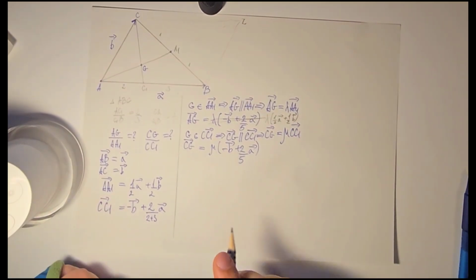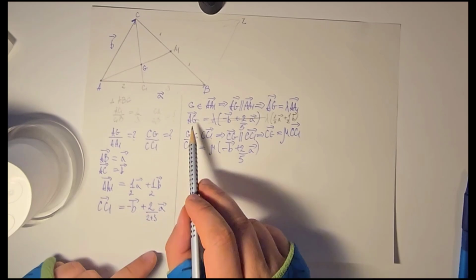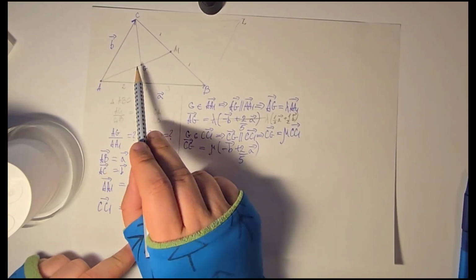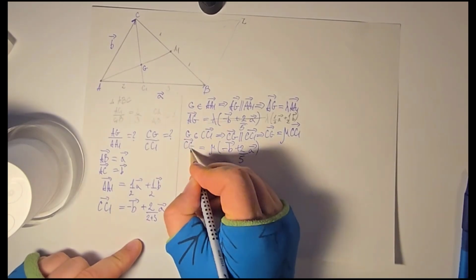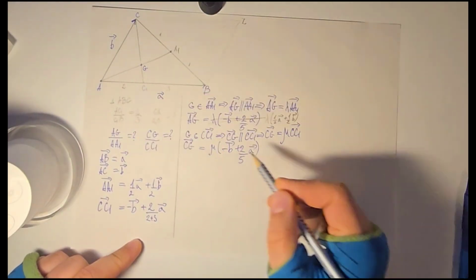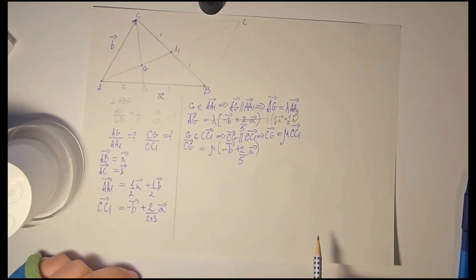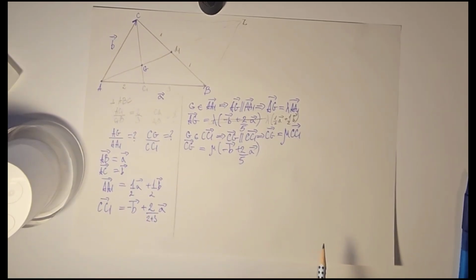Okay, so we have AG, this one expressed, and we have CG, this one somehow expressed, which is pretty much how it is.